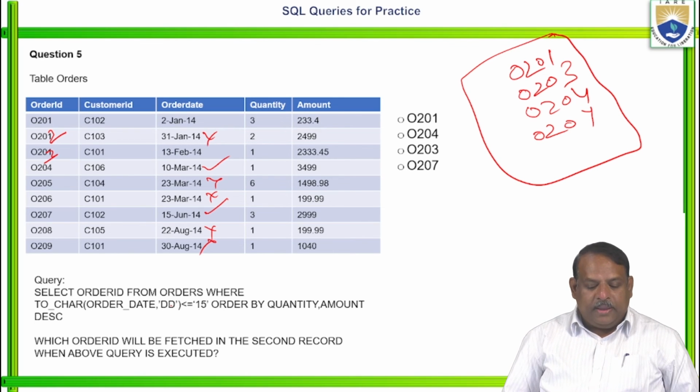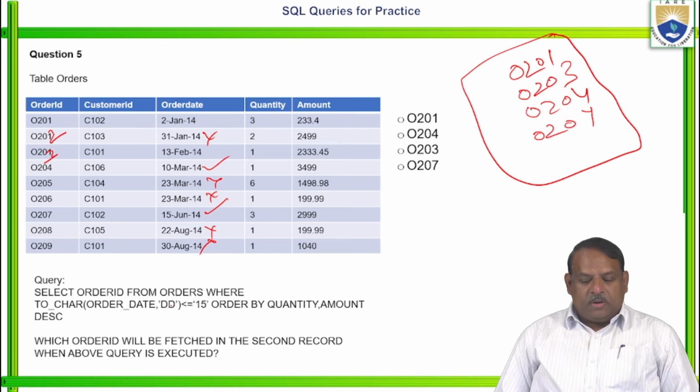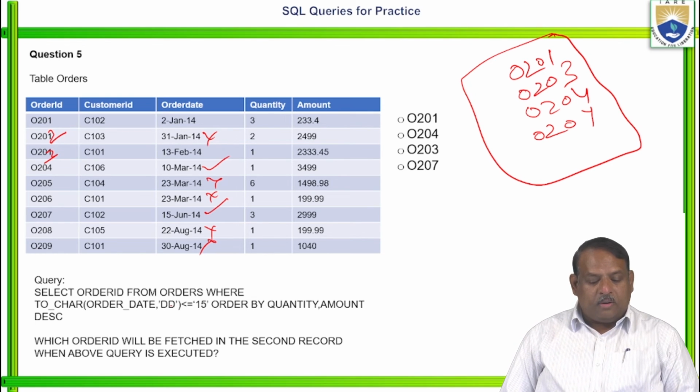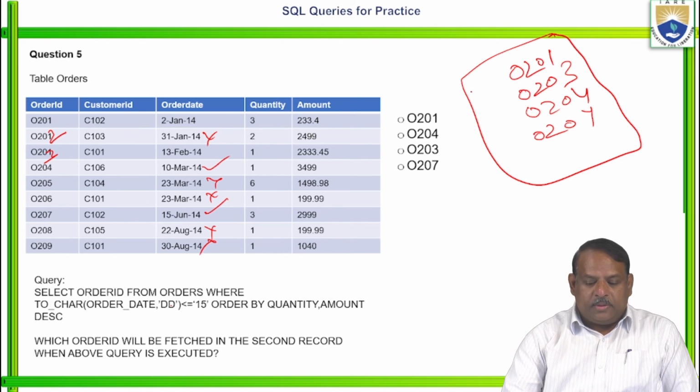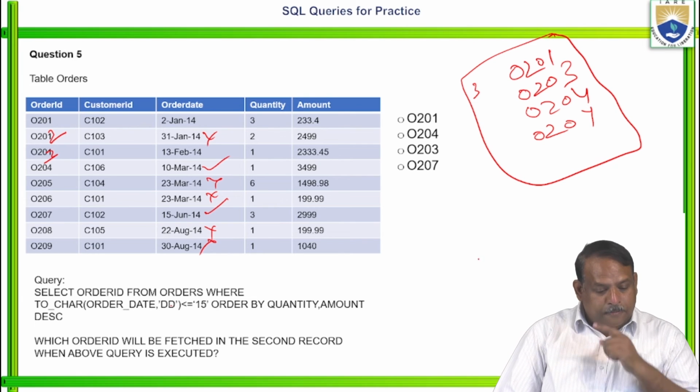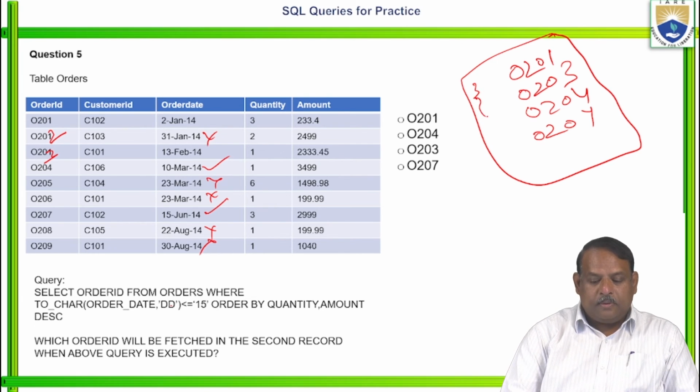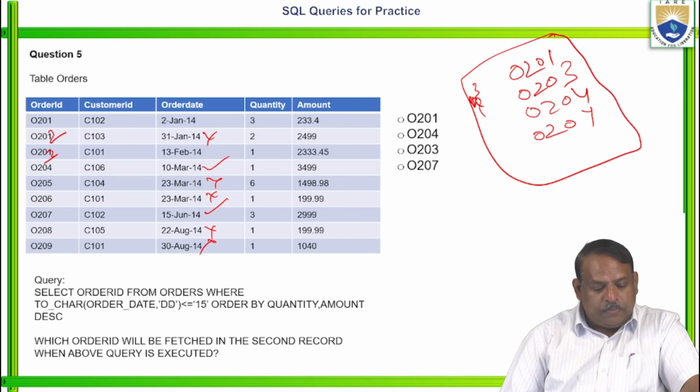Now we have to apply two sorts here. First, order by quantity. The quantity for 201 is 3, 203 is 1, 204 is again 1, and 207 is 3.